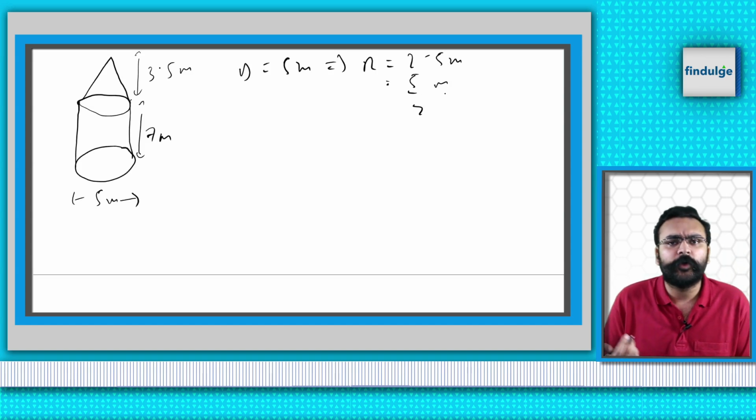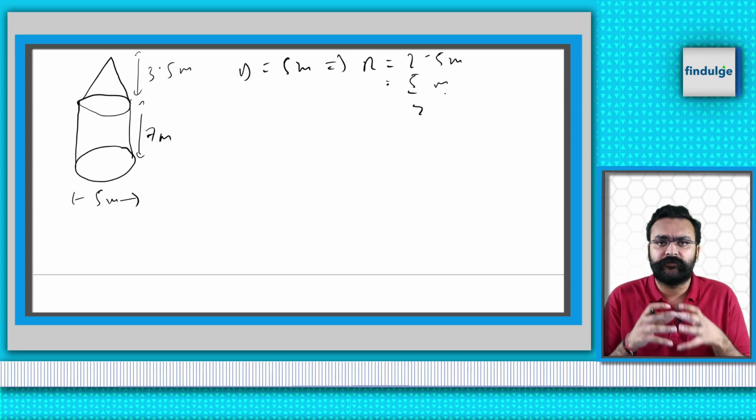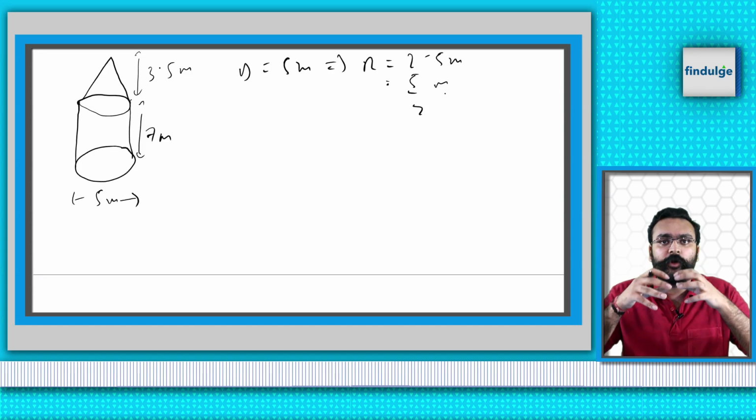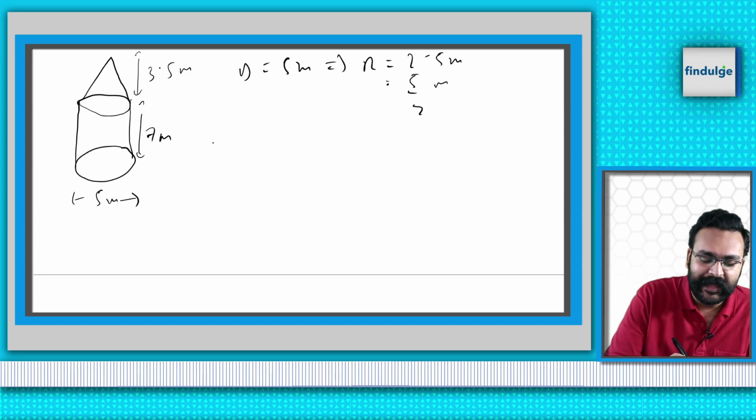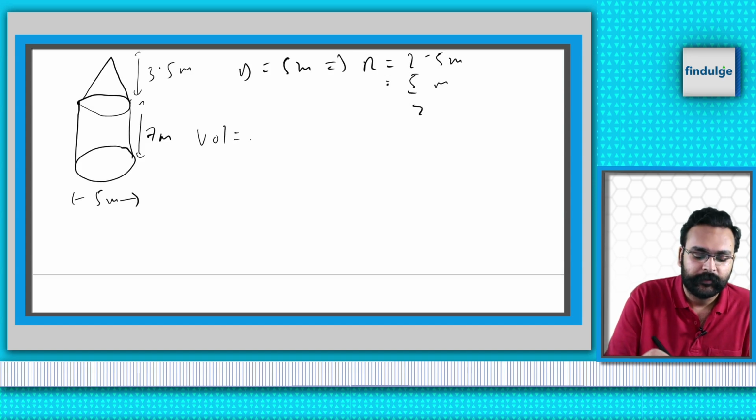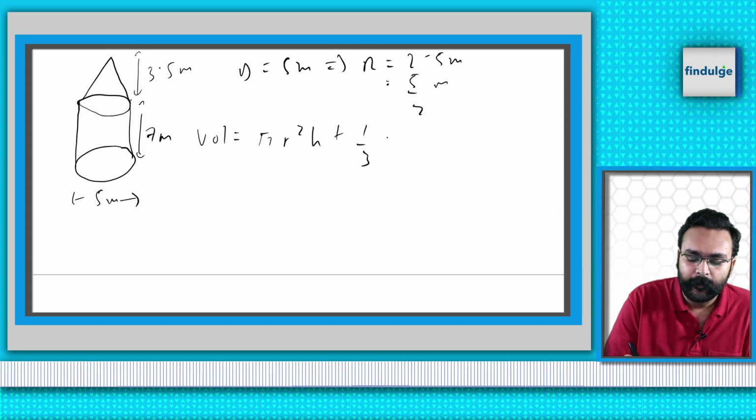Now in this case, volume will again be straightforward. It's just the volume of the cylinder plus the volume of the cone. And so we'll have volume is equal to pi r square h plus 1 by 3 pi r square h.